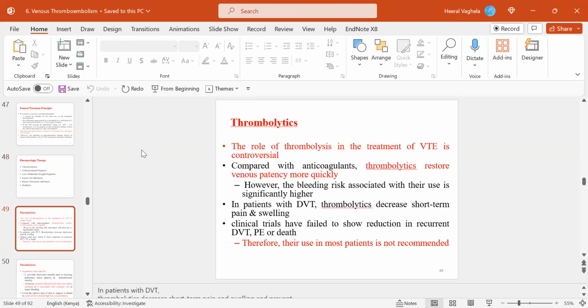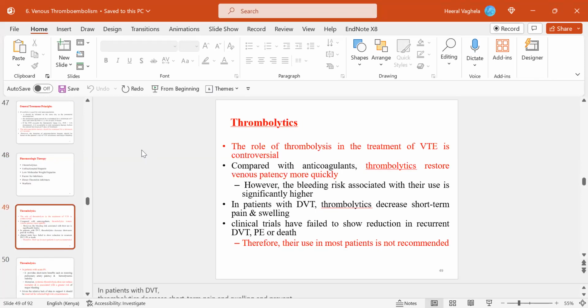So the first one would be thrombolytics, where they restore the venous patency more quickly, but these medications are usually not really used because of failed therapies.